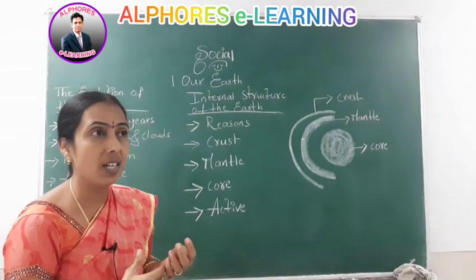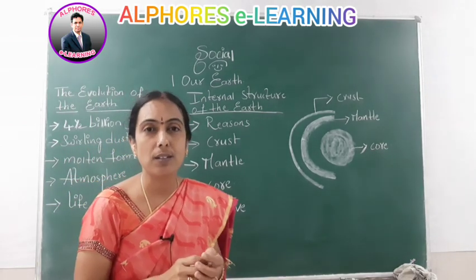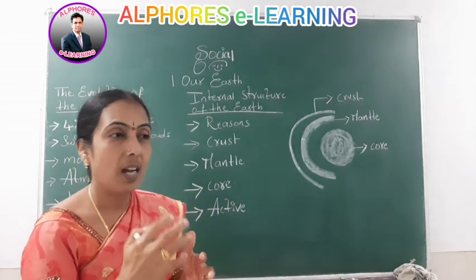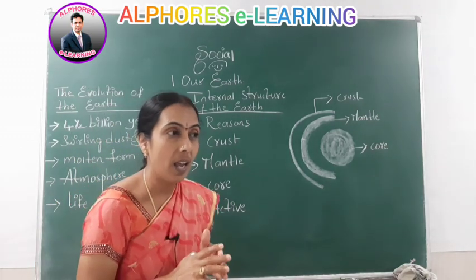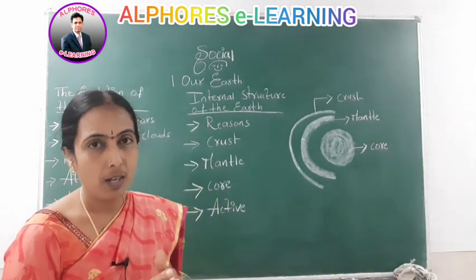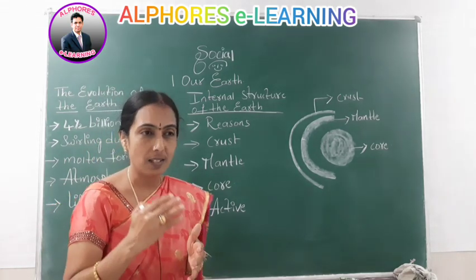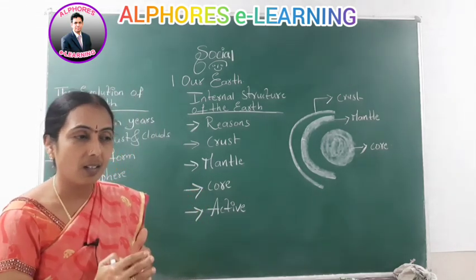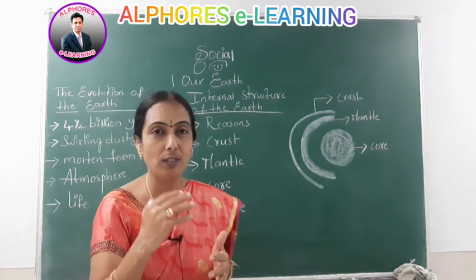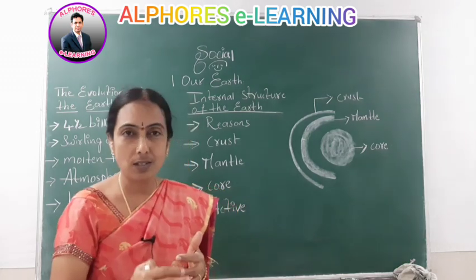In the initial stages, oxygen was not present. It started with carbon dioxide in huge quantity. Then later nitrogen, and like that gases evolved. Later oxygen, which we call the breath of our life, came into existence.